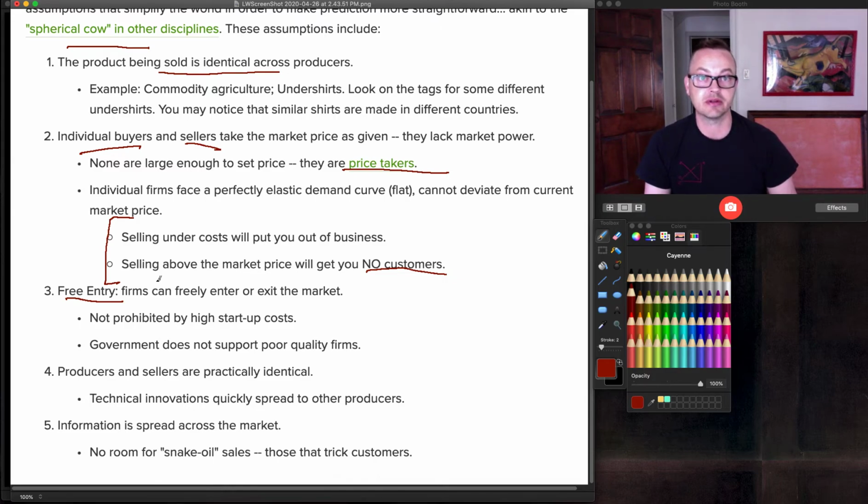Of course, you have to maybe rent space or whatever, but there's no real barriers to you entering that market, competing, and maybe making some profit for yourself, maybe making enough to sustain a family business. So you have free entry.